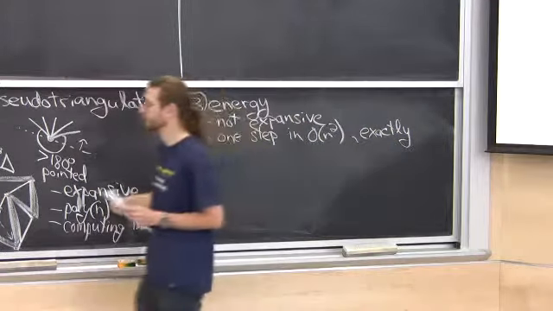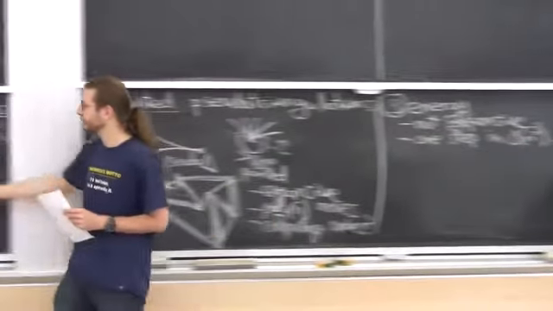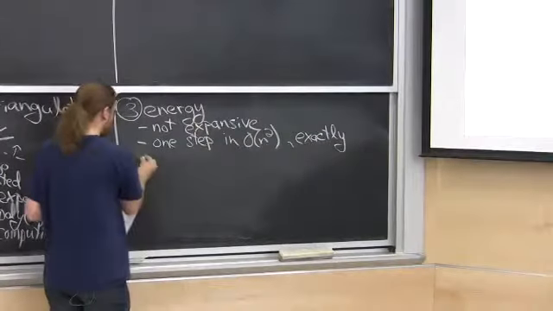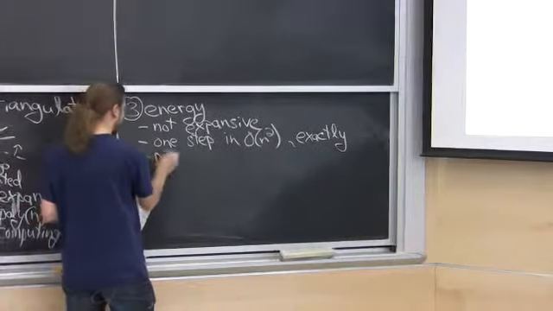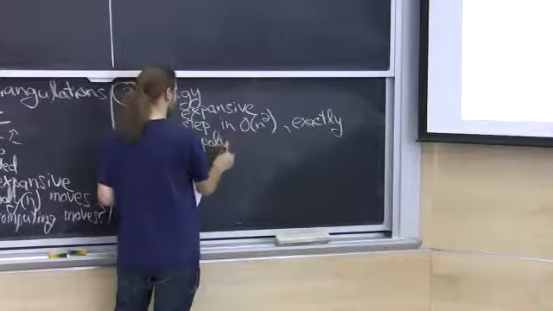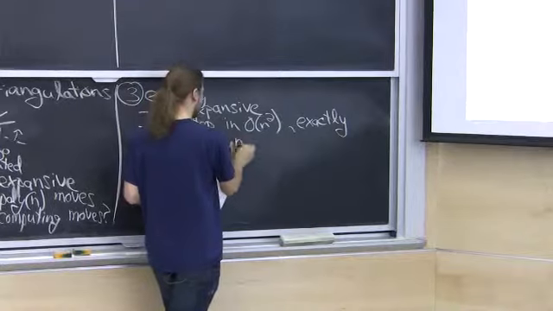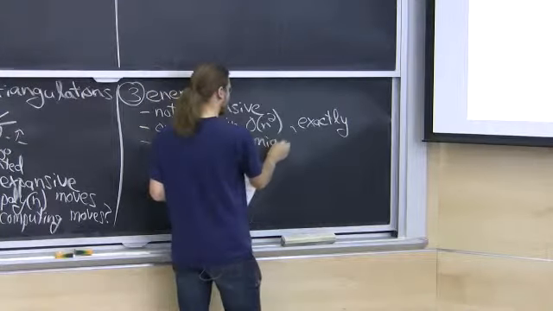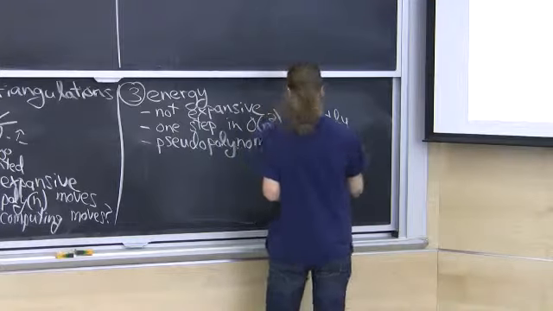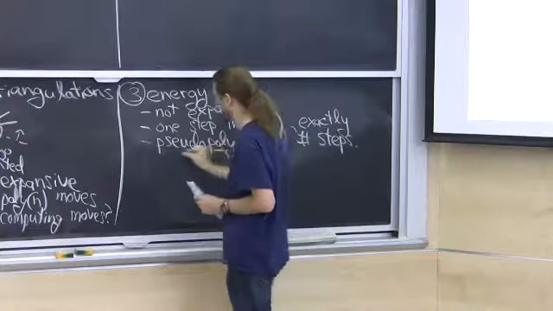You have to specify some error tolerance epsilon. Here you can do it perfectly if you have exact square roots. And the number of steps is also small. It has a pseudo-polynomial number of steps.